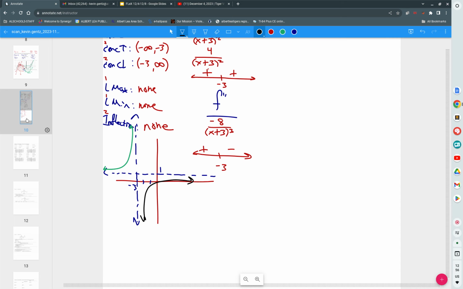So we know it's either those two or it would be the blue ones. Look at the blue ones. This is concave down, concave up. This is concave up, concave down. As you look here, it starts concave up and it ends concave down. So we know it's the green graph and the black graph.